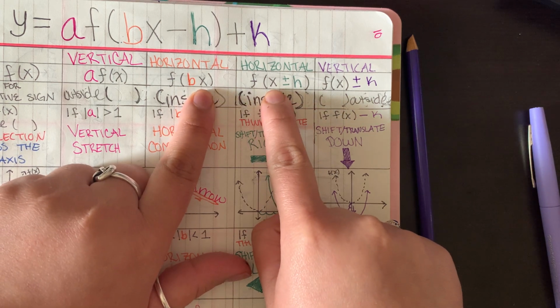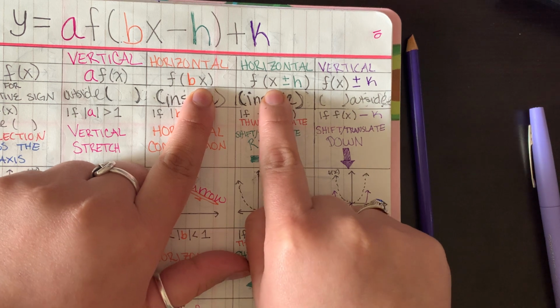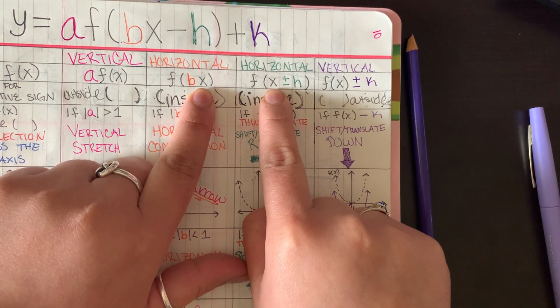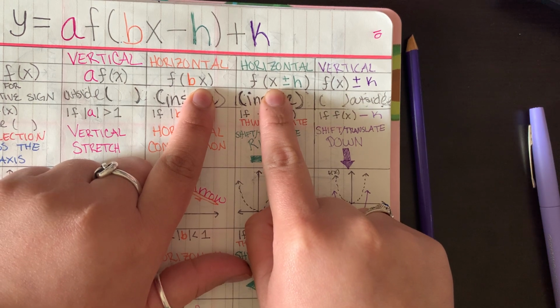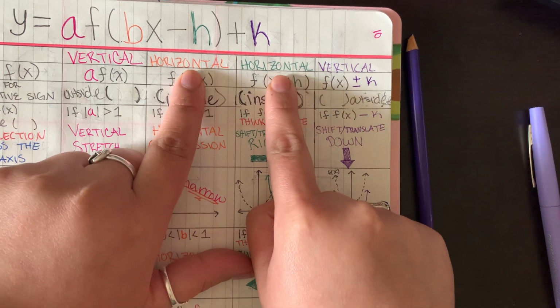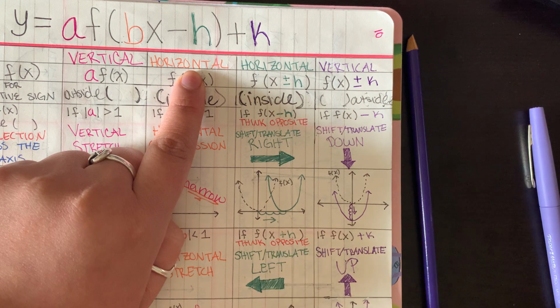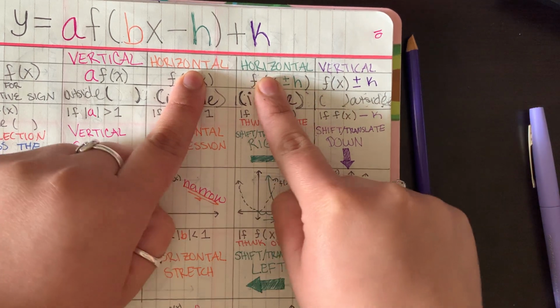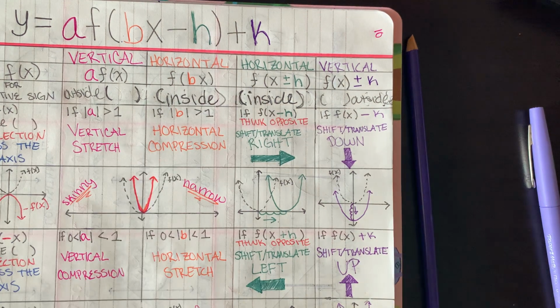And what variable is being affected inside the parentheses? Well, it's x. And what direction does x travel? Left and right. So when you have a number inside of the parentheses, it's going to have to be some type of horizontal transformation, whether physically shifting left and right, or whether the name is going to have horizontal. So that's just a helpful way to remember what type of transformation it is.